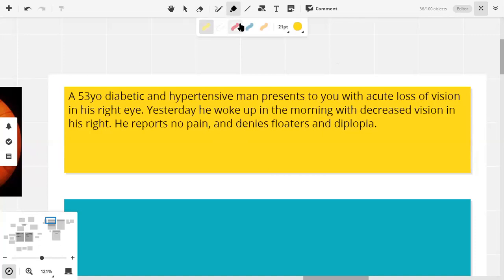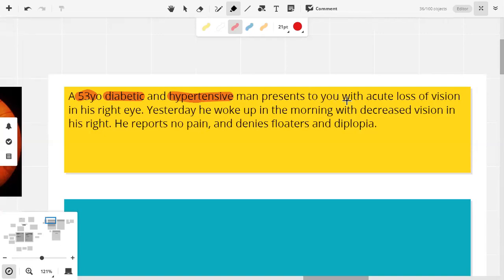It is 53 years. Okay, first important thing. Second important thing, this patient has comorbids. What is the first comorbid? He is diabetic. Correlating with the age, it's most likely type 2 diabetes mellitus. Second, he is hypertensive as well. So a little bit about the comorbids.